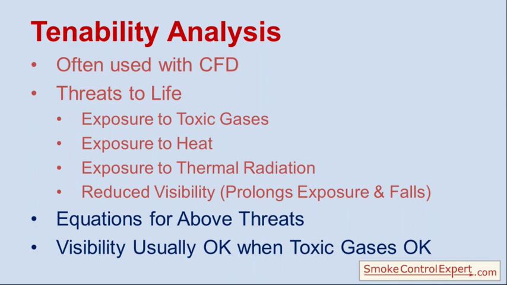Plus, in a reduced visibility in an atria situation, there's the threat of falls. And so that's very important. There are equations and also graphs for all of these above threats. They're in the handbook of smoke control engineering.